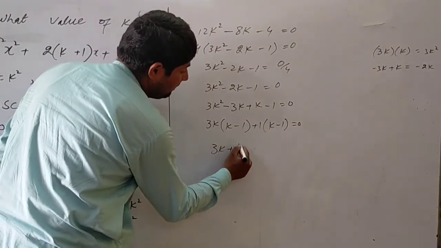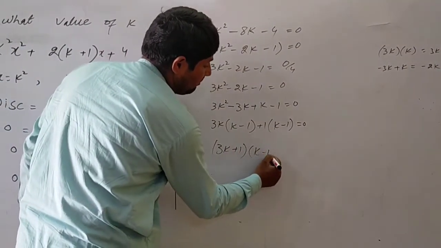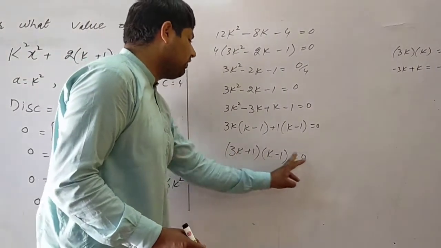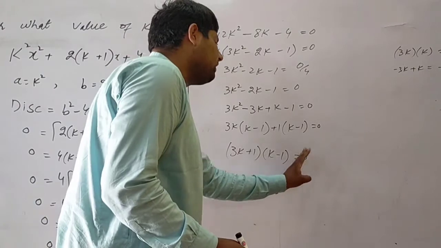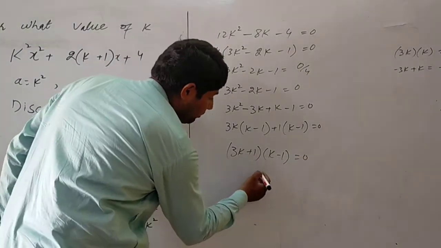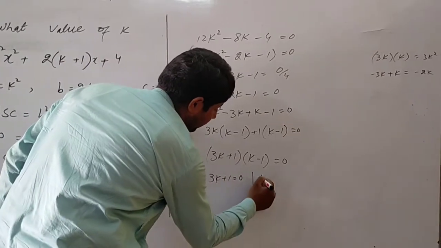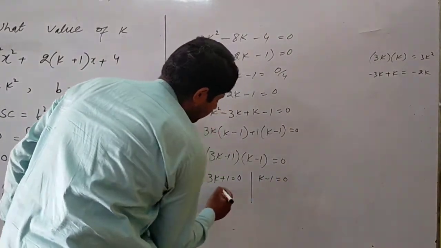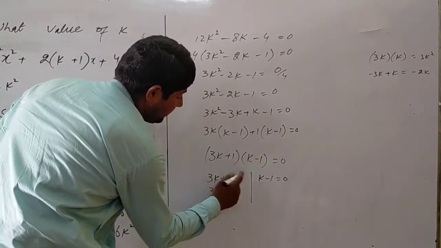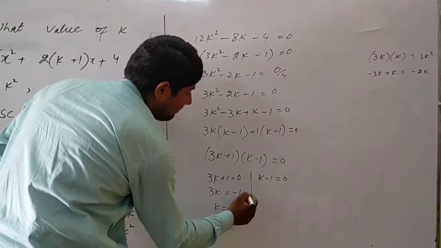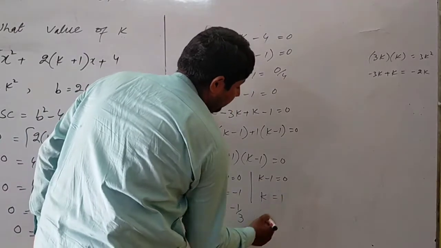So (3k plus 1) and (k minus 1) is equal to 0. Divided into two parts, 3k plus 1 equal to 0 and k minus 1 is equal to 0. Moving 1 to the other side, k is equal to minus 1 by 3, and k is equal to 1.